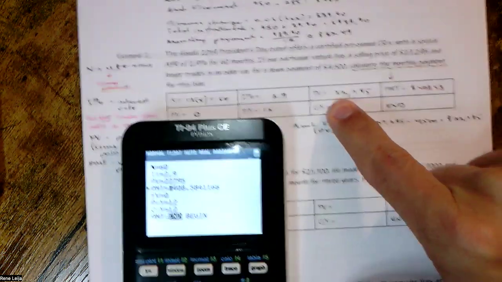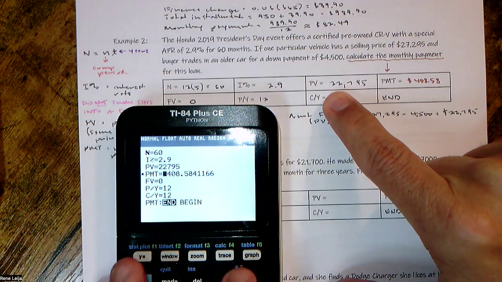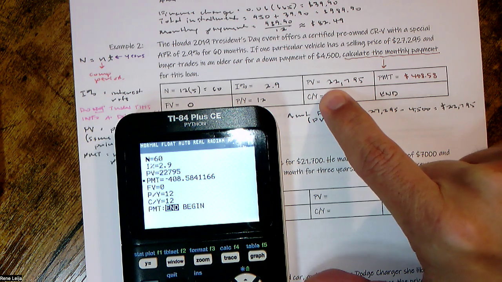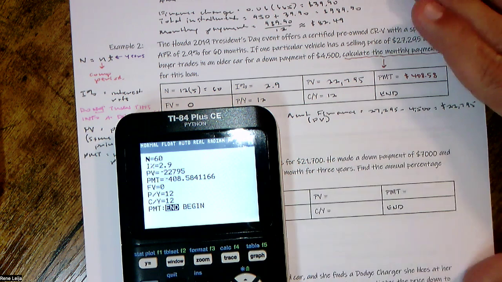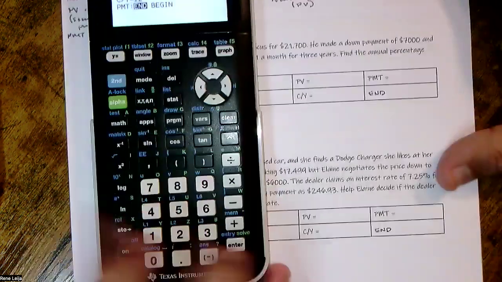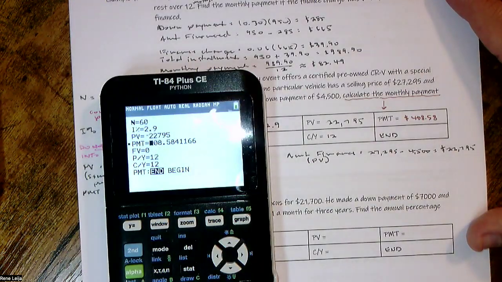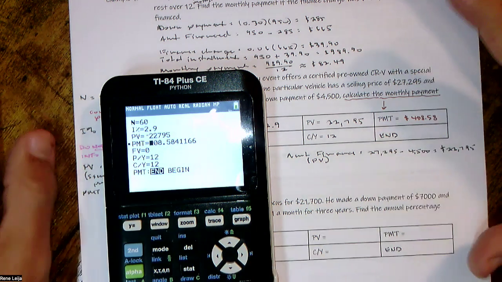Now, we could take the same idea for present value. We're taking the loan out for $22,795. We don't have that money, but that's how much we are going to owe. So watch, if I enter this in as negative $22,795, and then I go back to PMT, my payment, and I press alpha, enter, then notice we still get that same value, except this time it's positive.